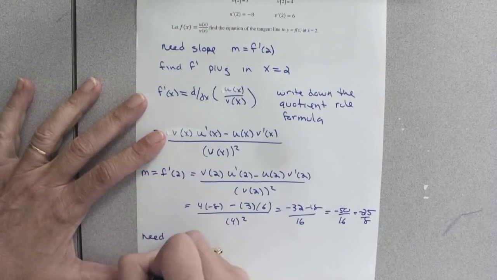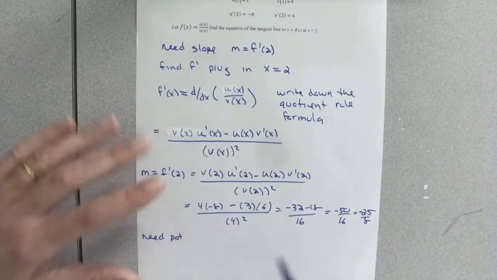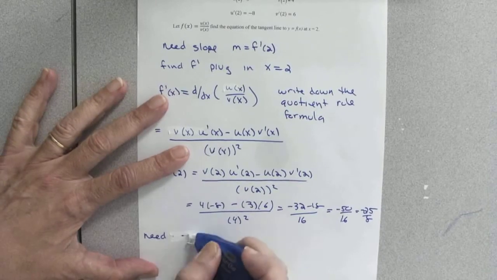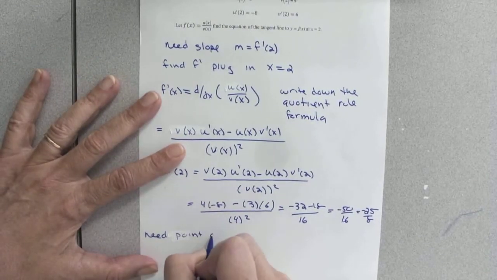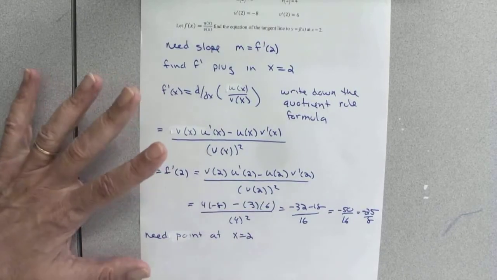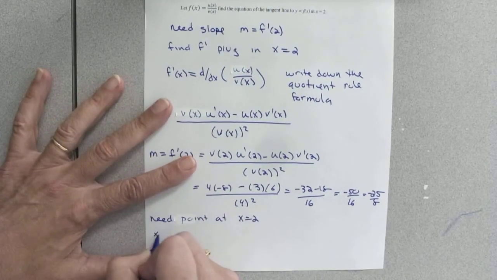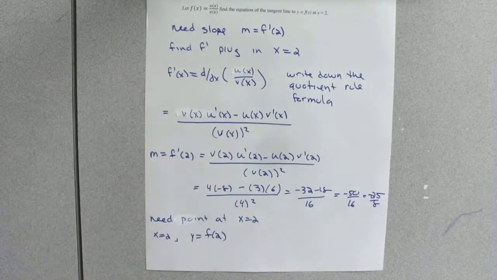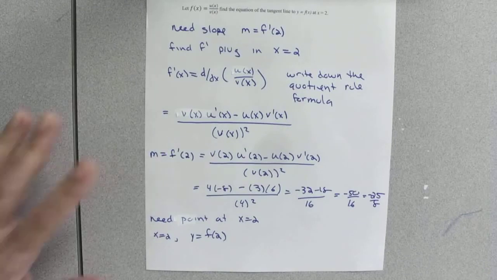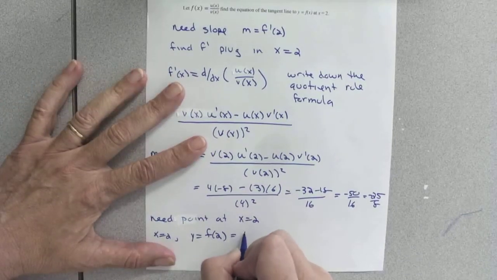We need the point. At x equal 2. Well, if x equals 2, then y equals f of 2. We always get y coordinates from plugging into the original function.